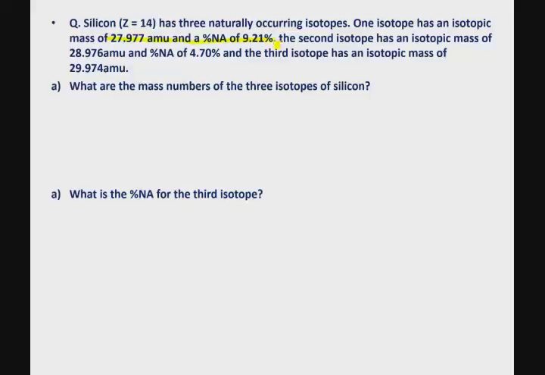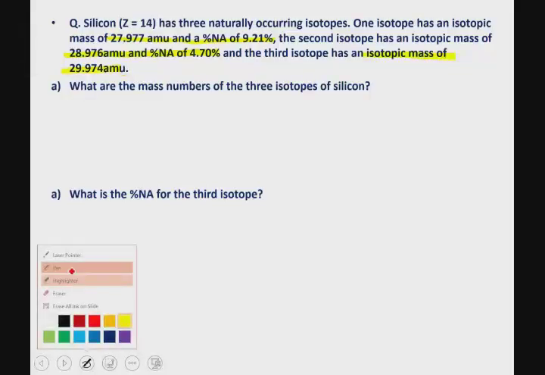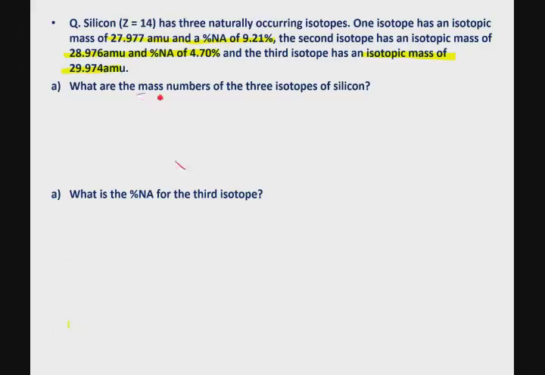The second isotope has an isotopic atomic mass of 28.976 AMU with that percent natural abundance, and the third isotope has an isotopic relative atomic mass of 29.974 AMU.